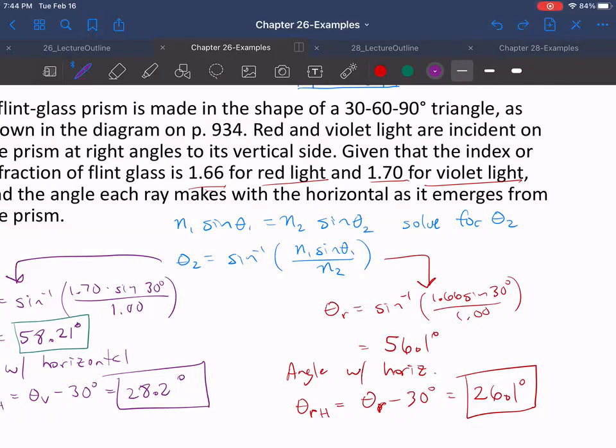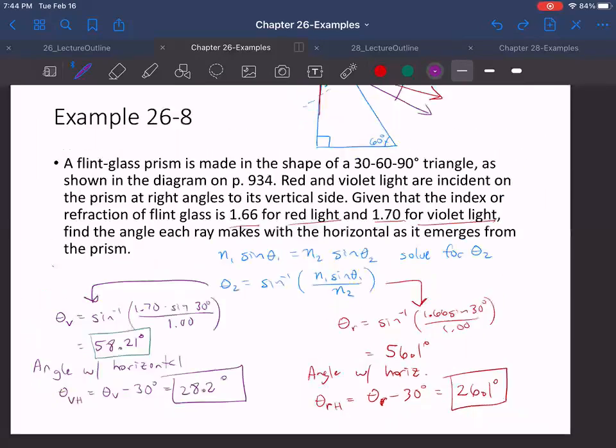So I really only changed this one number right there and then redid the problem. This time it gave me 56.1 degrees. I did the same thing of subtracting off the 30 degrees so that I got it from the horizontal rather than from the normal, and it was 26.1 degrees.